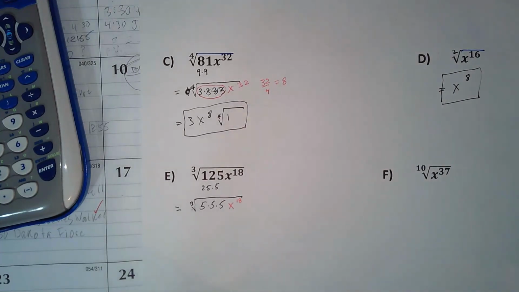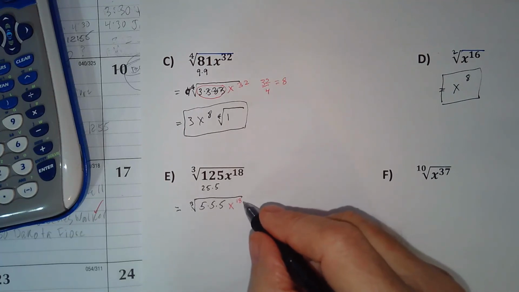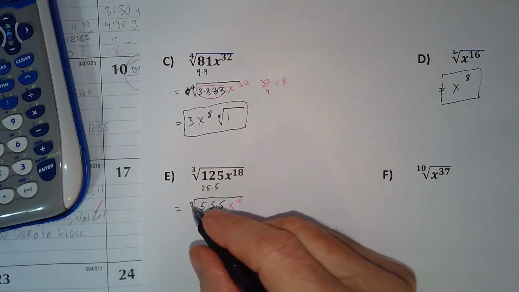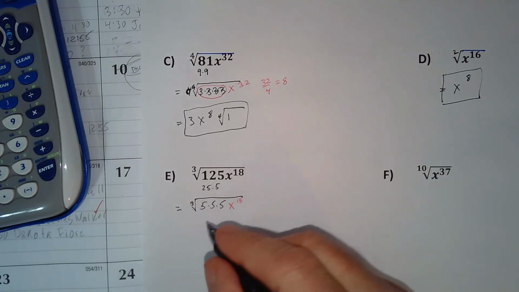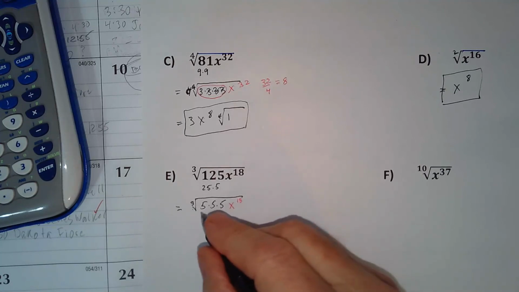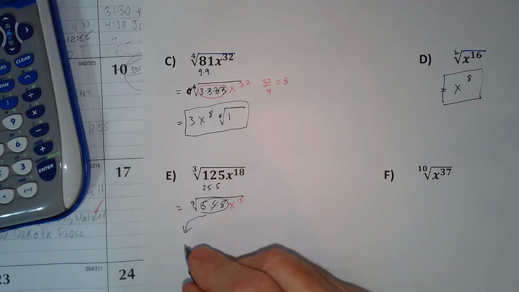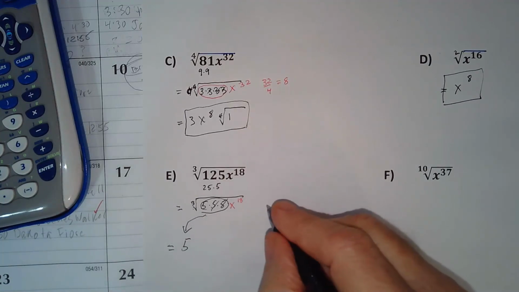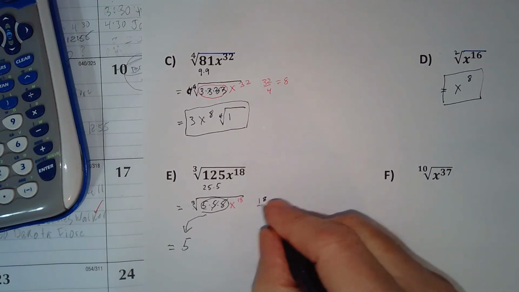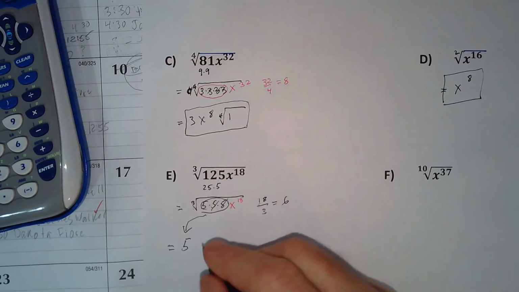And I'm not going to bother to write out all those x's because I can divide the power by the index. But here we got three 5s, so one of them comes out. So 2 are shot. Bonk, bonk. One comes out, and you get your 5. And then x, this is 18 divided by 3. So 18 divided by 3 is 6. So you're left with 5x to the 6th.